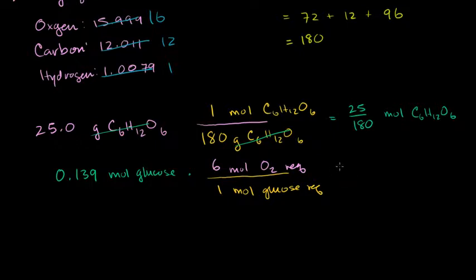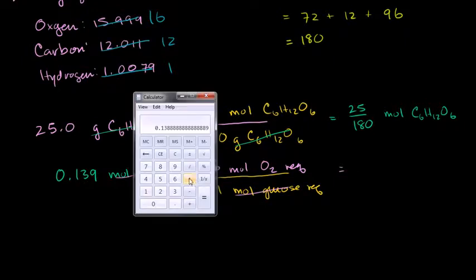And then what do we get here? Well, we have the moles of glucose canceling out with the moles of glucose. And then we multiply the 6 times 0.139. So let's multiply this times 6, which is equal to 0.833.